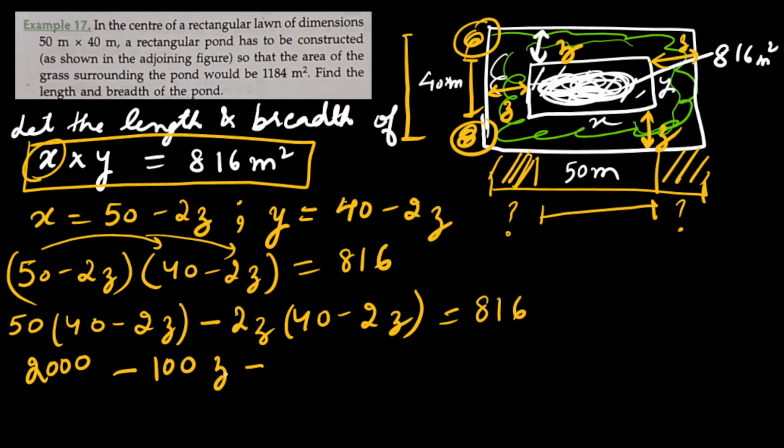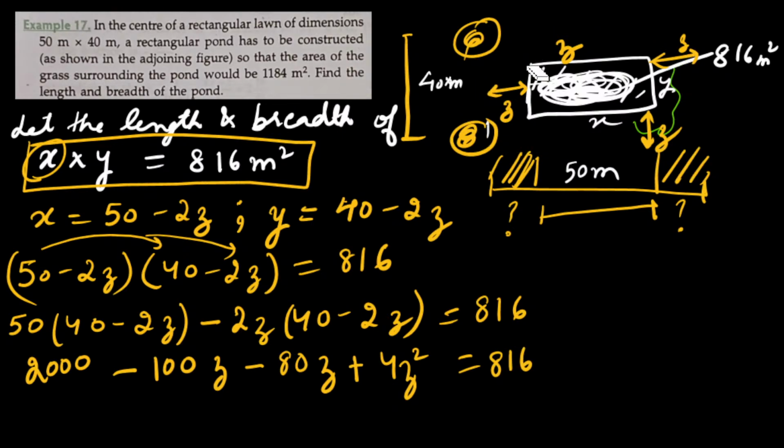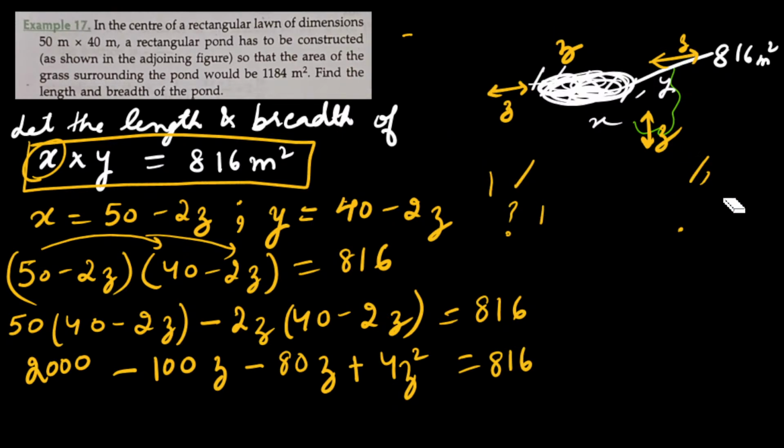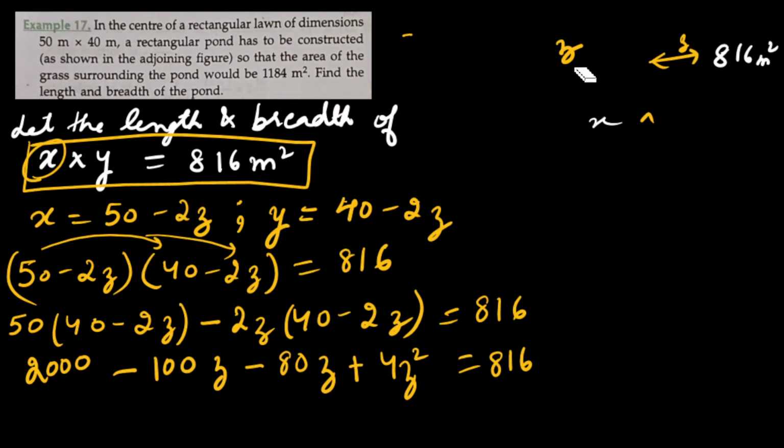Minus is outside the bracket, so we have to change the inner signs. 2 into 4 is 8, so 80Z, minus here, plus, because whenever minus is outside we have to change the sign. 2 into 2, 4Z square is equal to 816. I don't need this one now. I hope you have understood what we have done in this question.